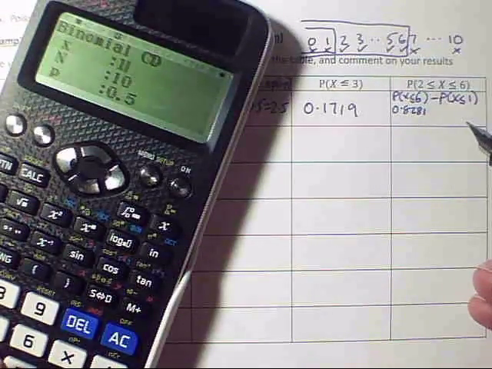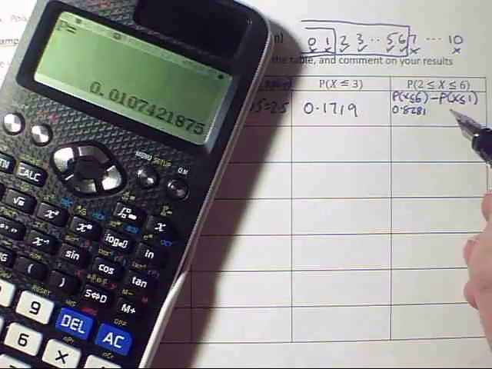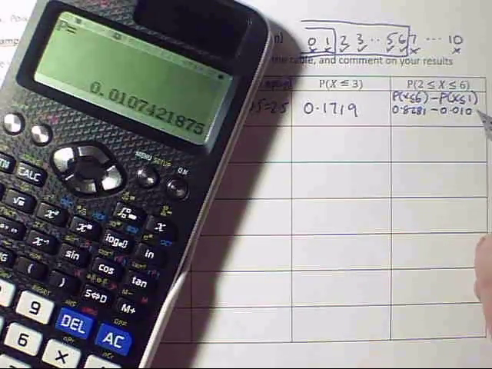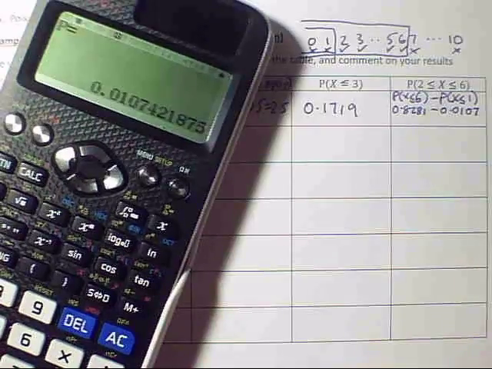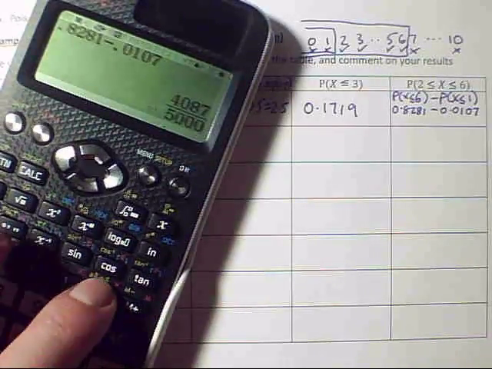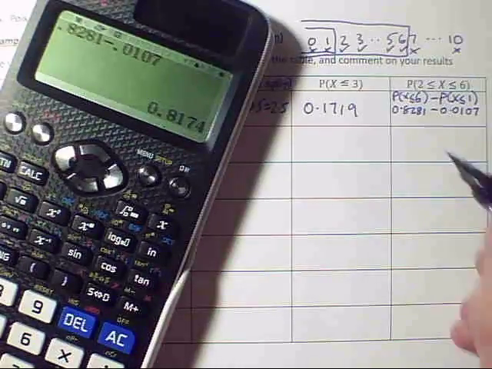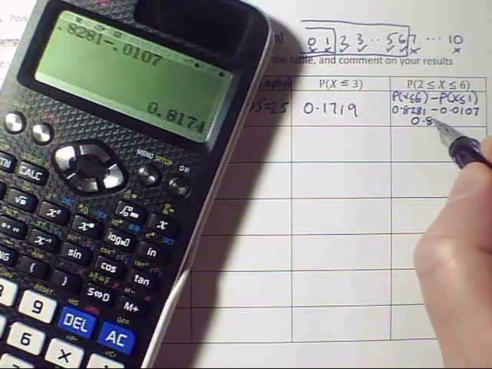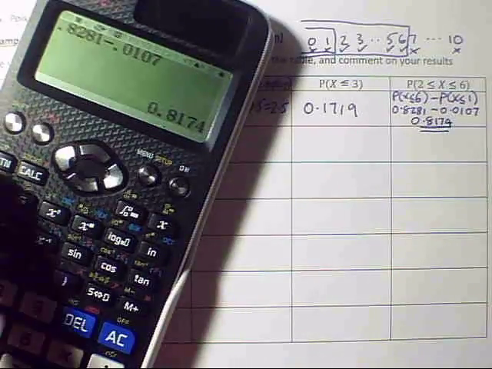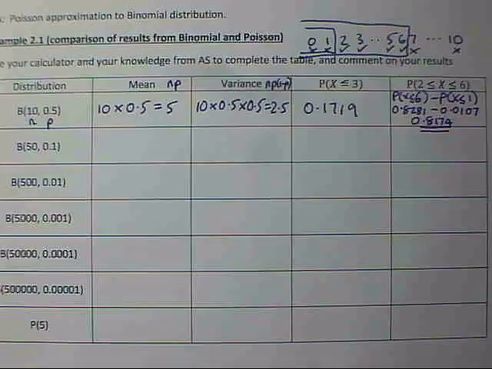So put 1 in here. So that's minus 0.0107. And if I subtract those, we get 0.8174. 0.8174 is my answer.